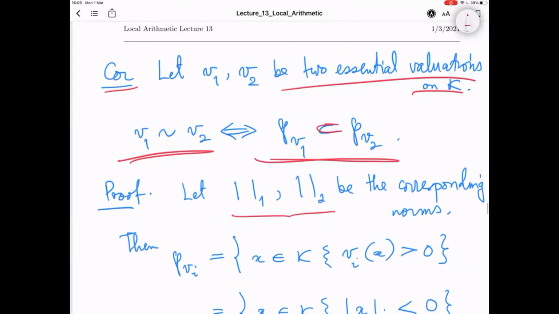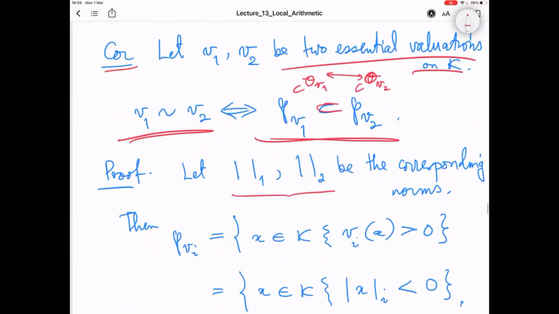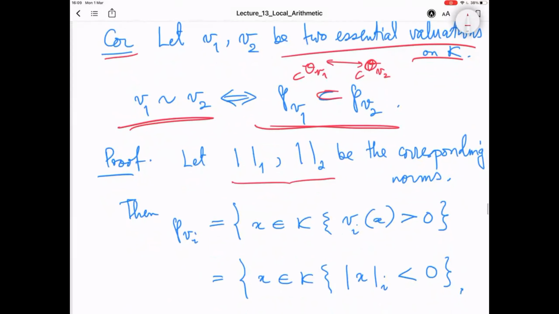No, because this is in O_V1, and this is in O_V2. So a priori, the ideals in these rings may be different. Anyway, we have to prove that the valuations are equivalent if and only if there's this inclusion of these ideals.